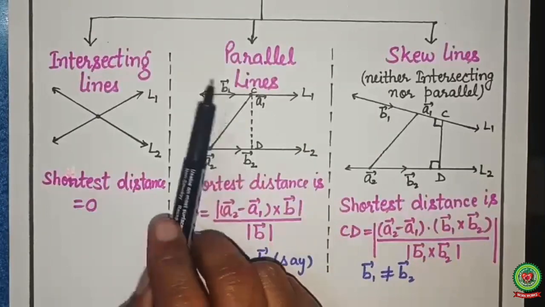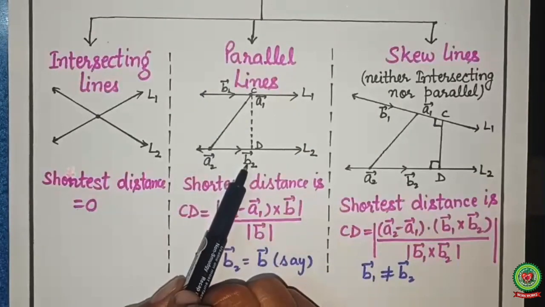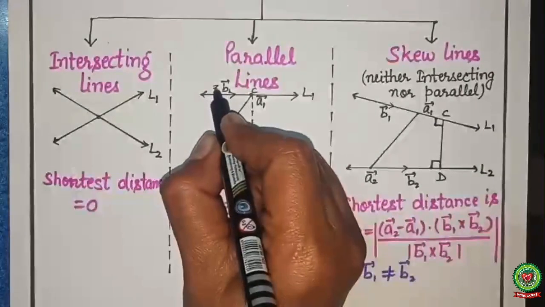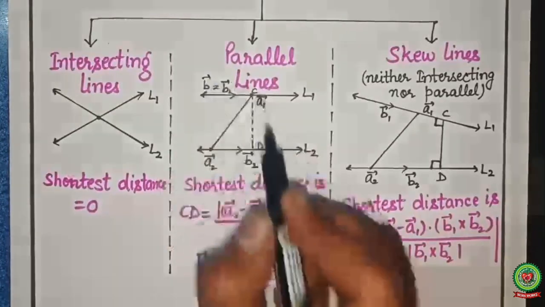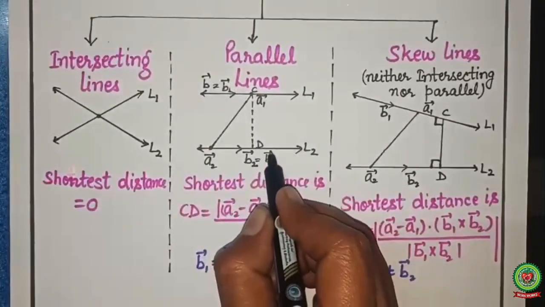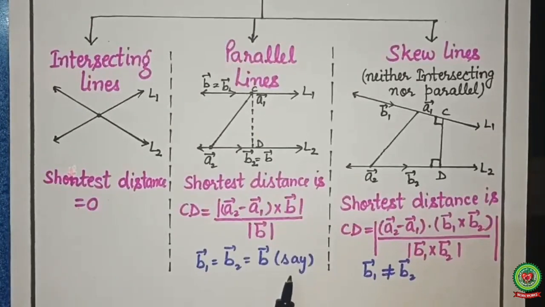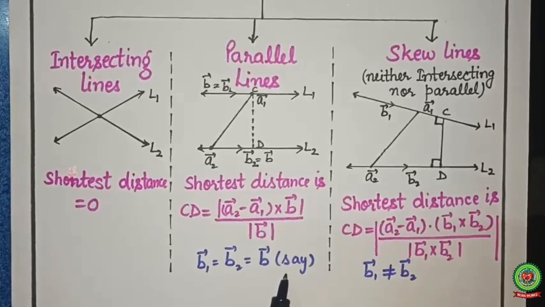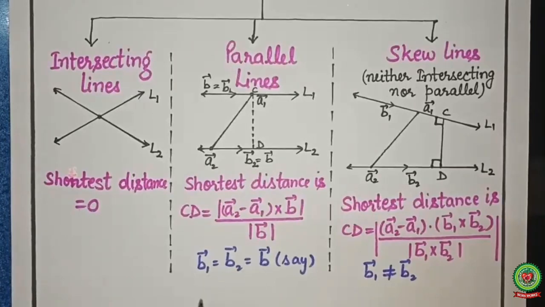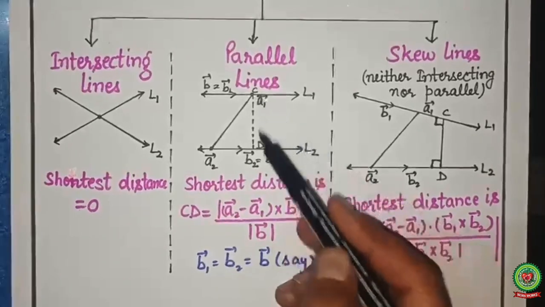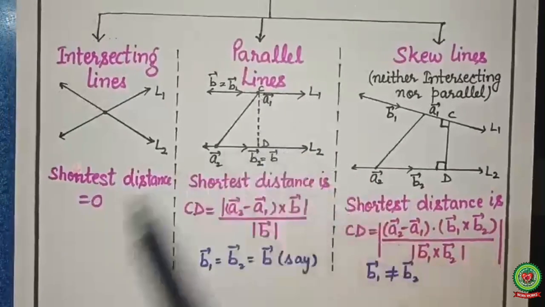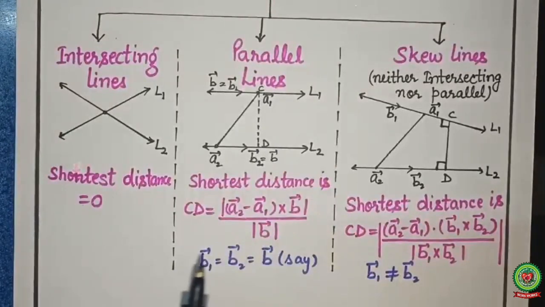So in place of writing B1 and B2, we are considering a common name B. So we have supposed that B1 equal to B2 is equal to B in case of parallel lines, because both are equal.